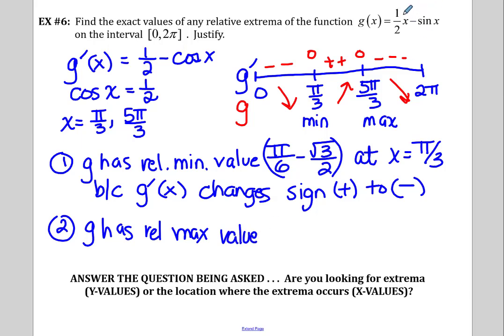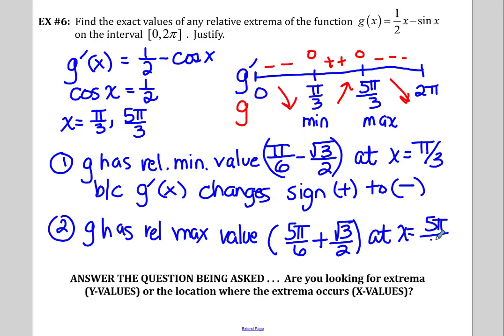And same thing, we've got to put 5 pi over 3 here, so that value is going to be 5 pi over 6, and it's going to be 5 pi over 3, so that's negative, negative, so plus square root of 3 over 2. And that happens at 5 pi over 3.